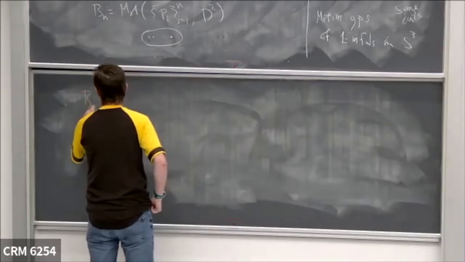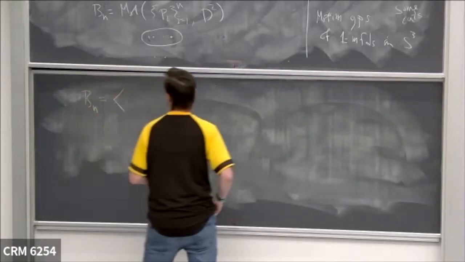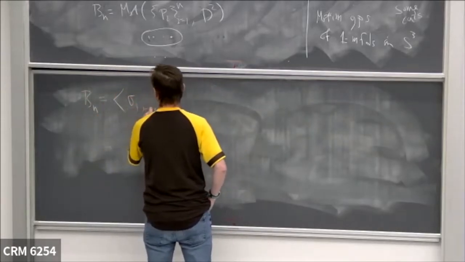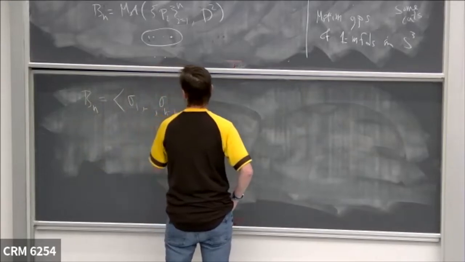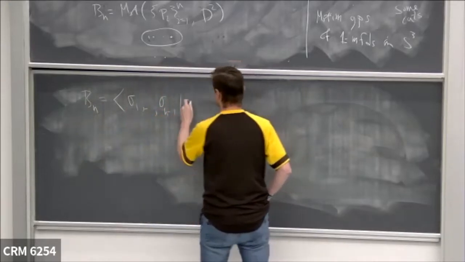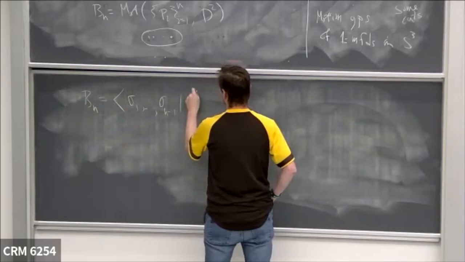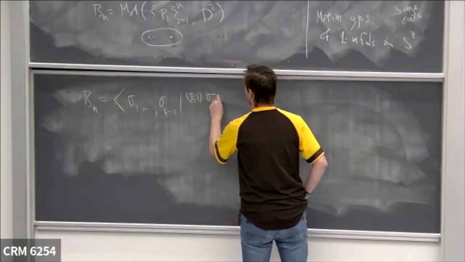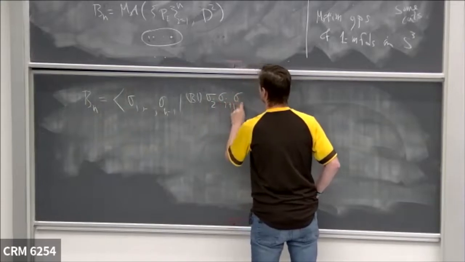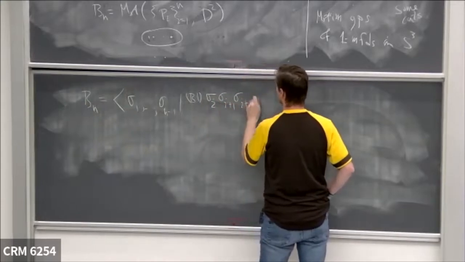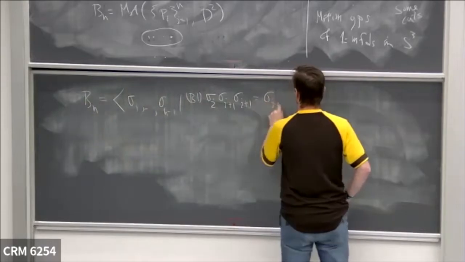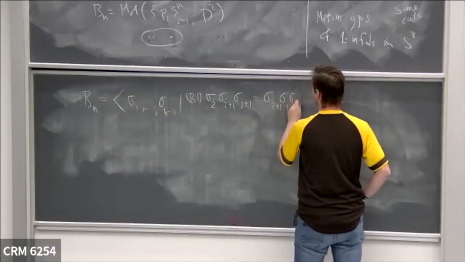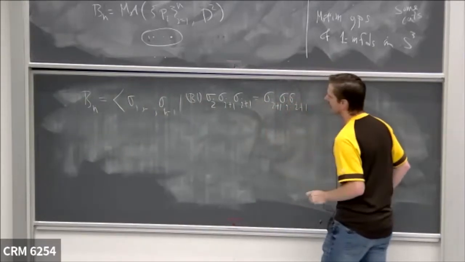It's generated by sigma 1 through sigma n minus 1, subject to relations. The first braid group relation is sigma i sigma i+1 sigma i equals sigma i+1 sigma i sigma i+1. Everybody maybe knows this, just write it down.